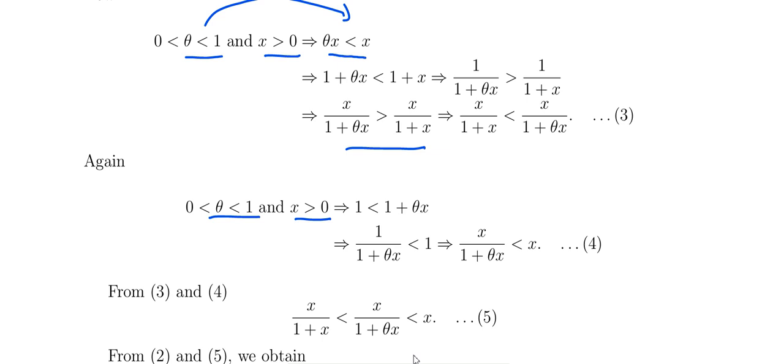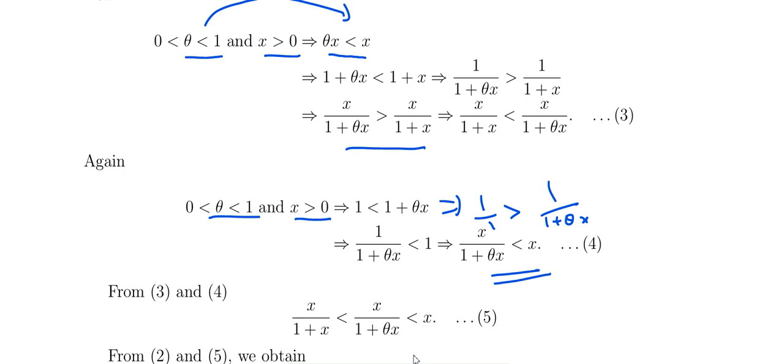When you take the reciprocal, 1 by 1 is greater than 1 by 1 plus theta x. So 1 by 1 plus theta x is less than 1. So x by 1 plus theta x is less than x. So from this, x by 1 plus x is already less than x by 1 plus theta x, and x by 1 plus theta x is less than x.